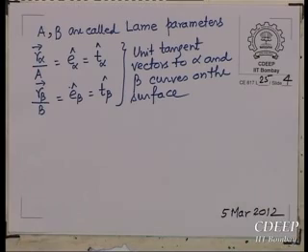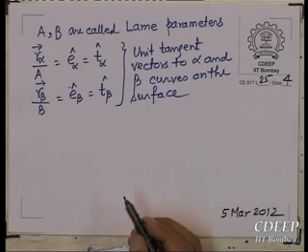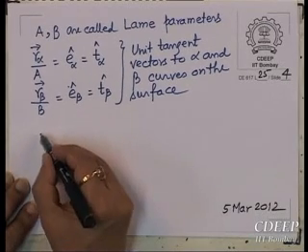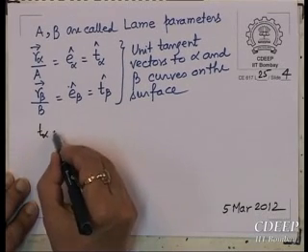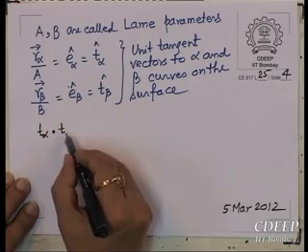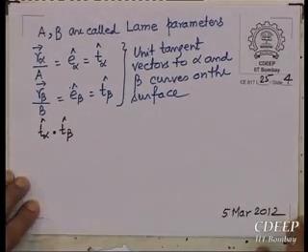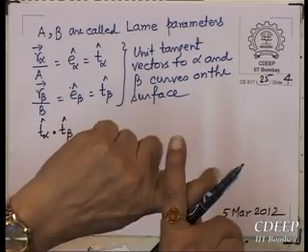What will be T alpha dot T beta, the tangent vectors on the surface at point P?